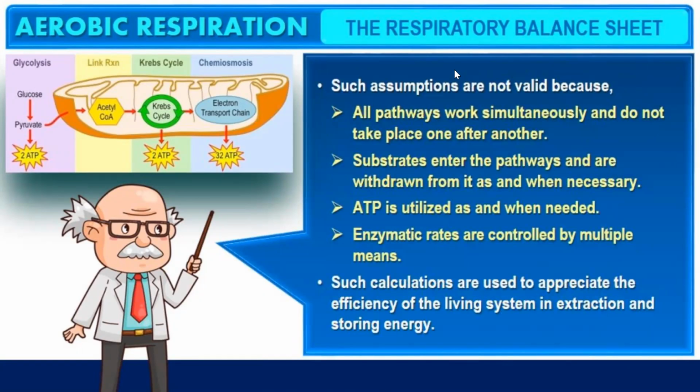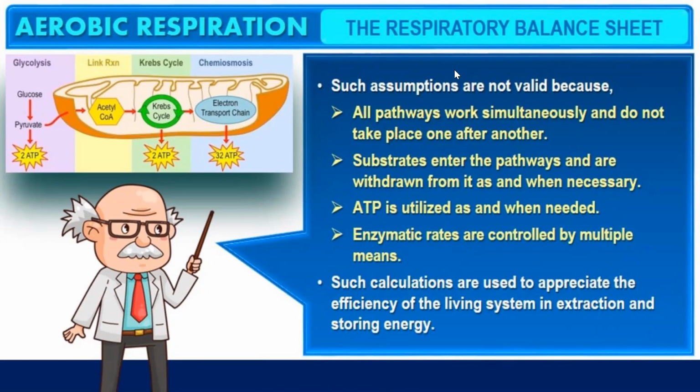Such assumptions are not valid because all pathways work simultaneously and do not take place one after another. Substrates can enter the pathway and be withdrawn from it as and when necessary in the body. ATP is utilized as and when needed in the body as well.